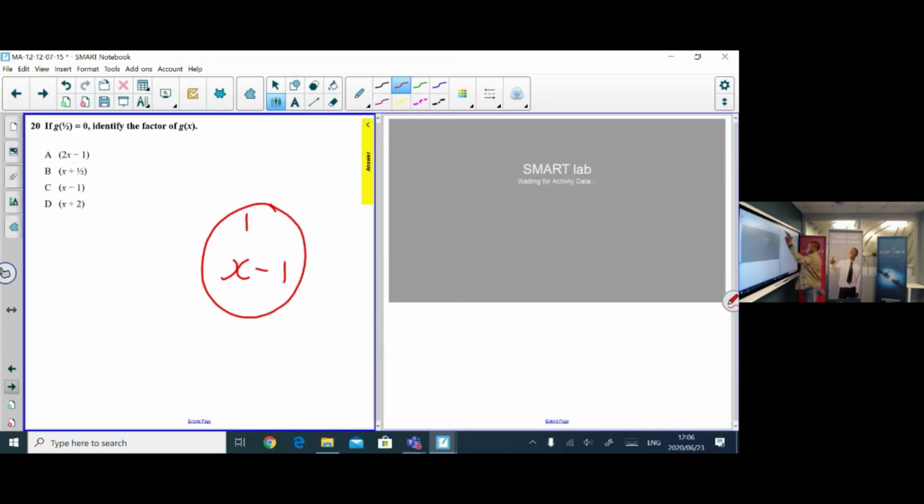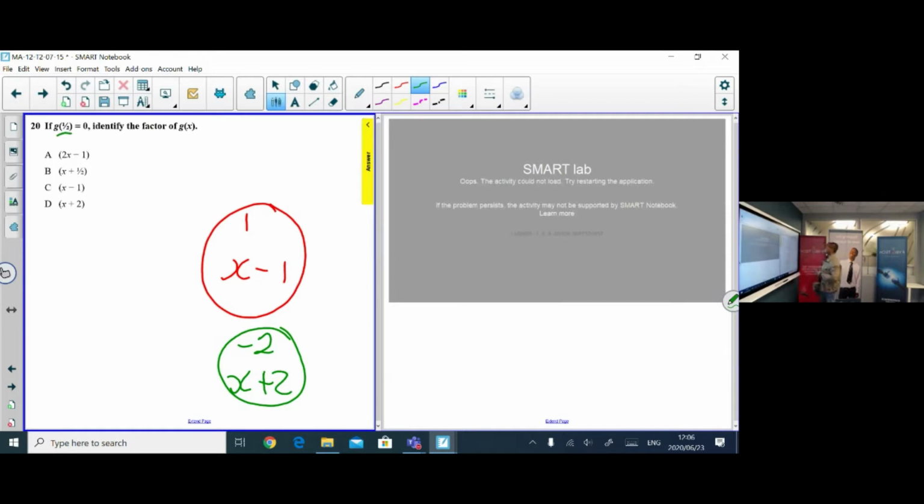If it was minus 2, your factor is x plus 2. I guess you remember those kinds of relationships. And in this case, we are being told that if that function at x equals a half equals 0, what is the factor? So the factor in this case would come out to be a, because when you make x the subject, after equating to 0, you get a half.